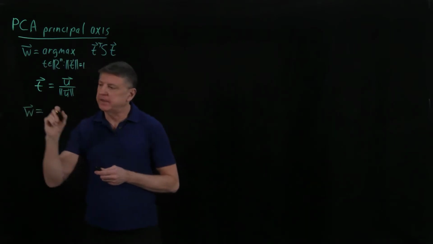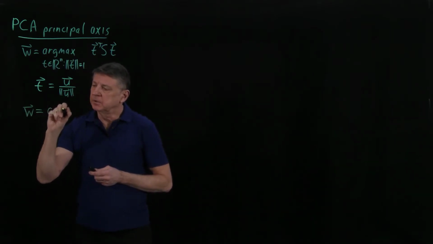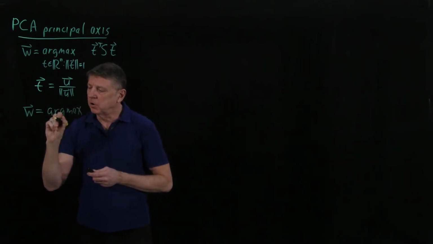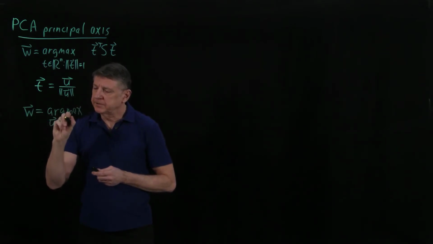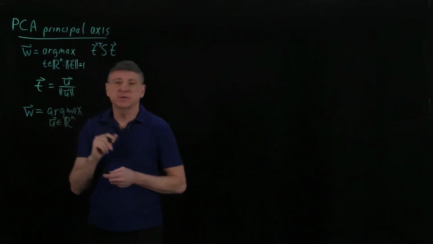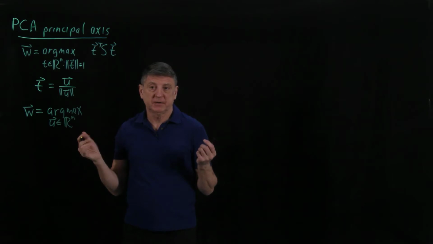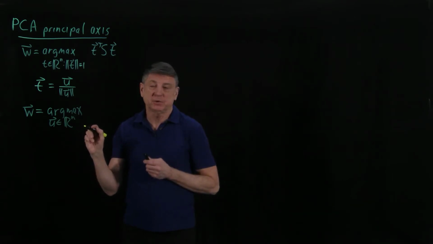So now our problem is this. We want to find a w that is the argument maximum, now over all u vectors that have n entries, with the side condition which we almost always have in linear algebra, that u can't be zero.